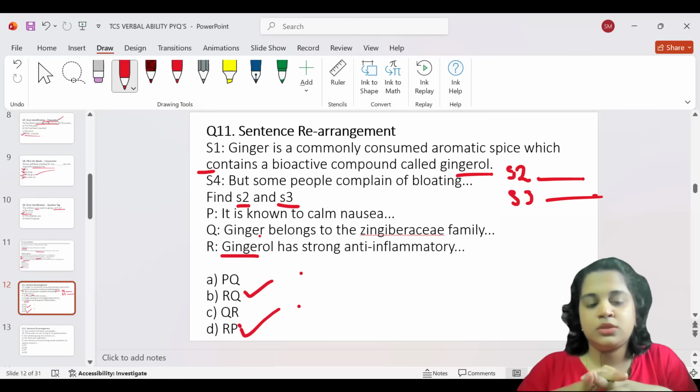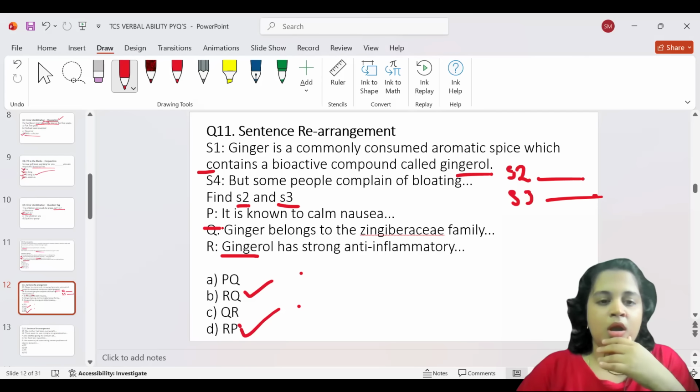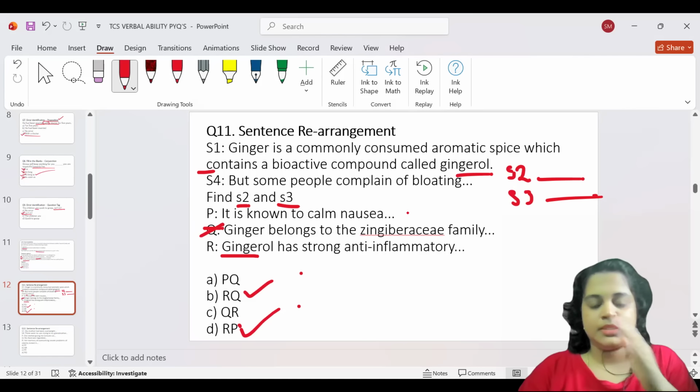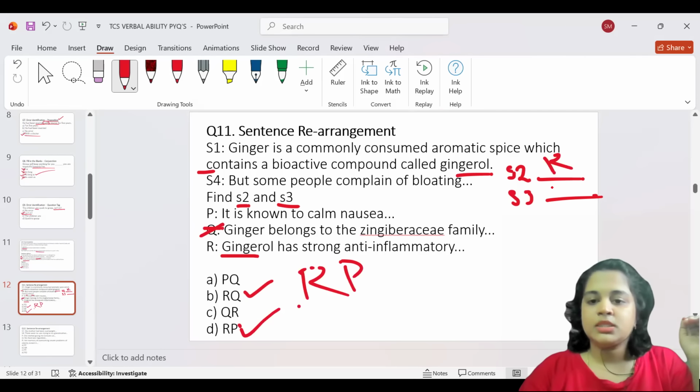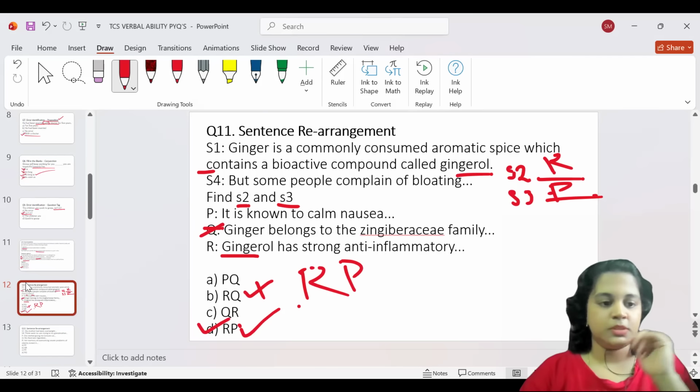So it's not Q definitely. And we can choose P as the option. It is known to calm nausea, but some people complain of bloating. So it has to be R and P. S2 will be R and S3 will be P. So option D will be the most correct answer for this sentence rearrangement.